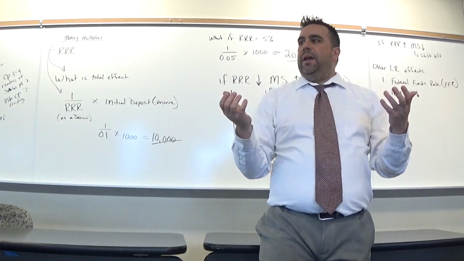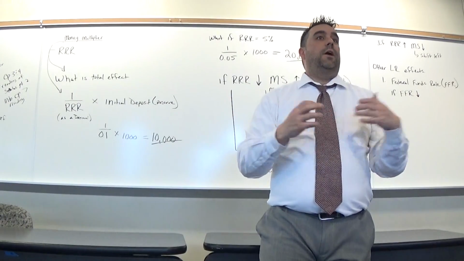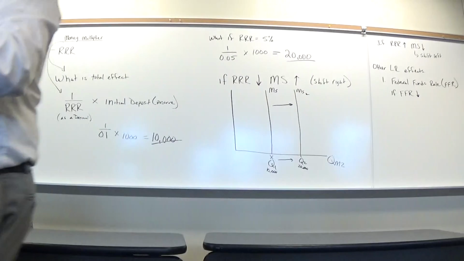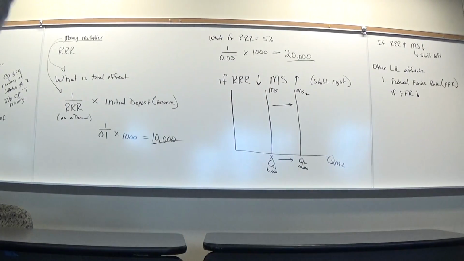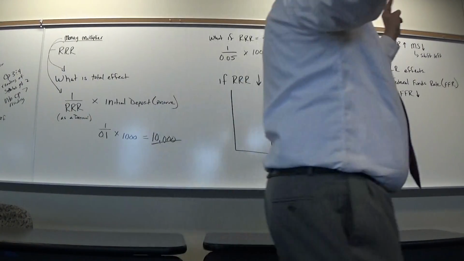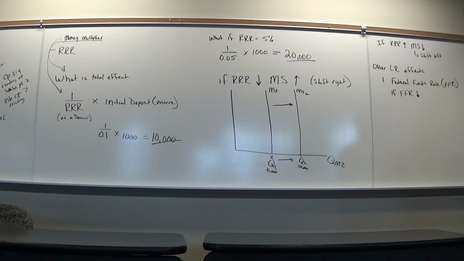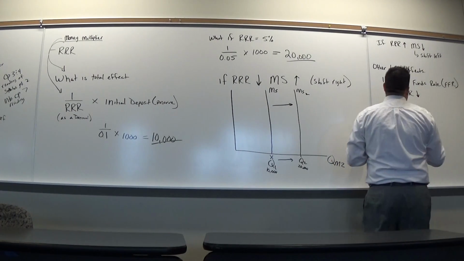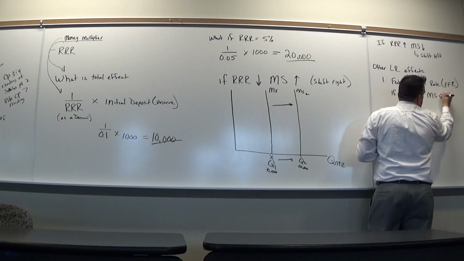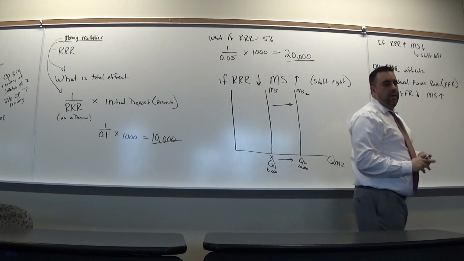So now our small banks are wanting to borrow more and more money, which means they're going to make more and more loans, which means what? Well, more of those $1,000 bills are going to be started through society and start circulating through, and more transactions occur. More people have money, so that view from society of money supply means that if the federal funds rate falls, money supply in society increases.